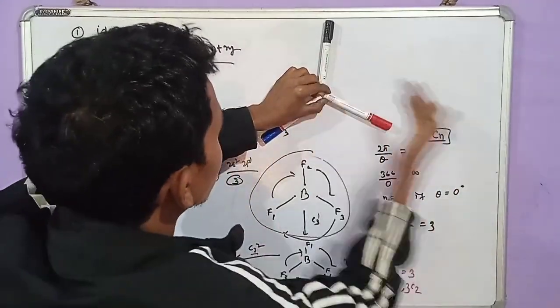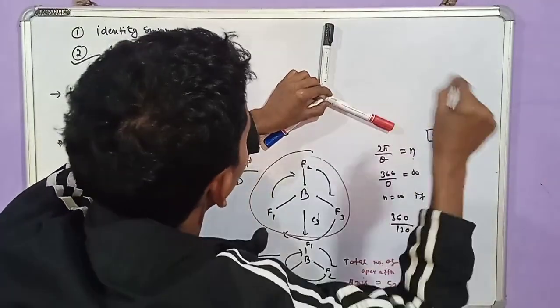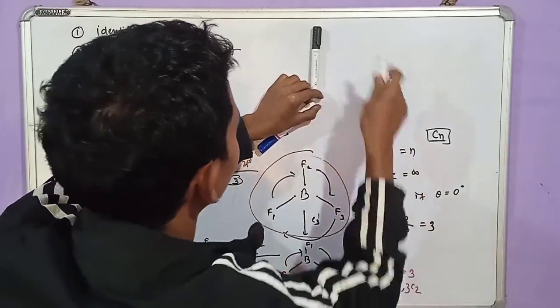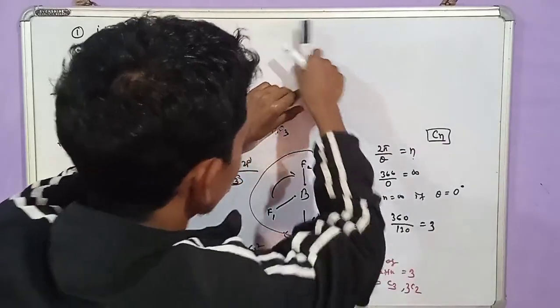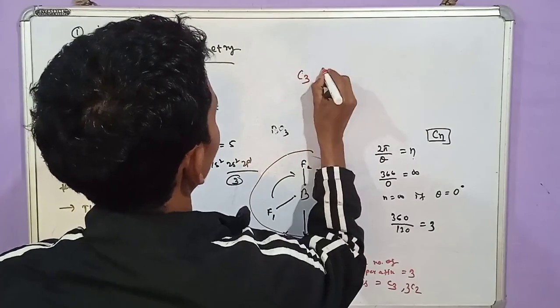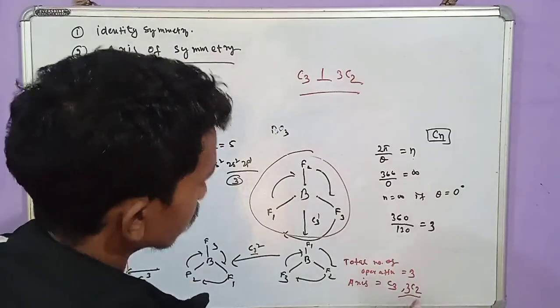So these are perpendicular, means C3 is here and C2 is here, one is here, another is here, so these are perpendicular. So C3 is perpendicular to 3C2, because 3C2 is there.